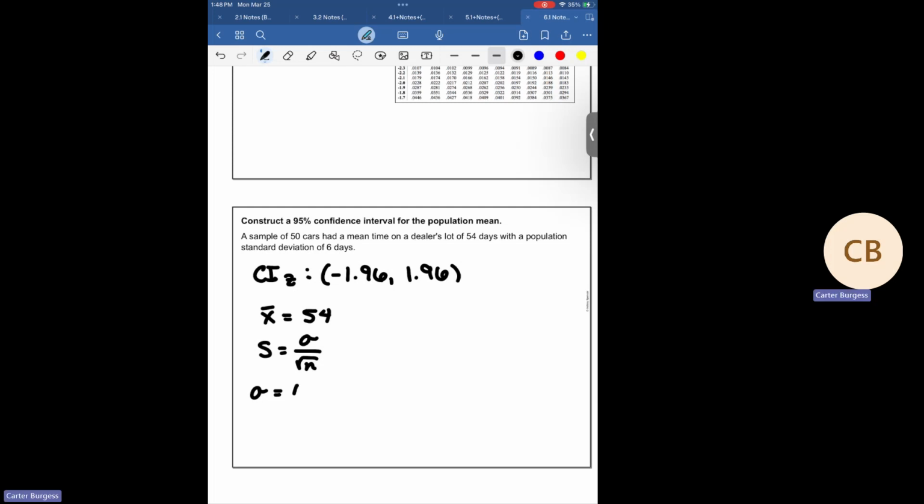Just 6. And then what is the value of n? 50. And so our S, the one that we're going to use, is 6 divided by the square root of 50. Is that the 0.85 that we were saying? Cool. Perfect.